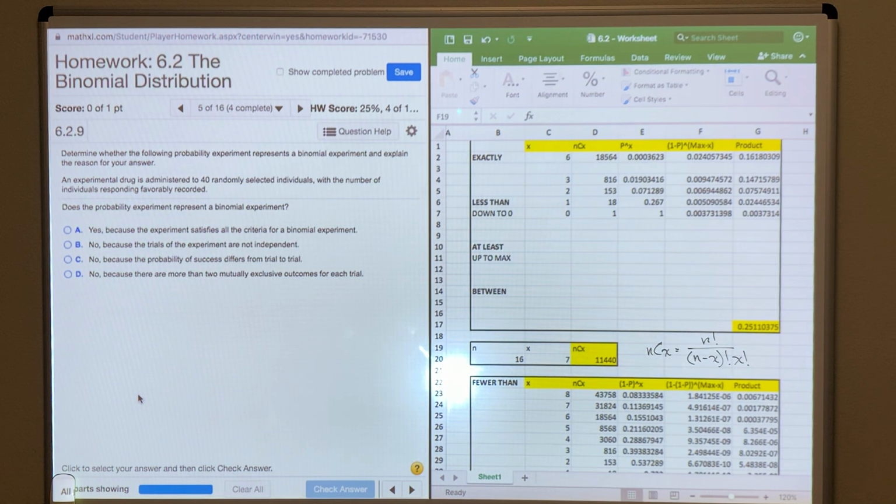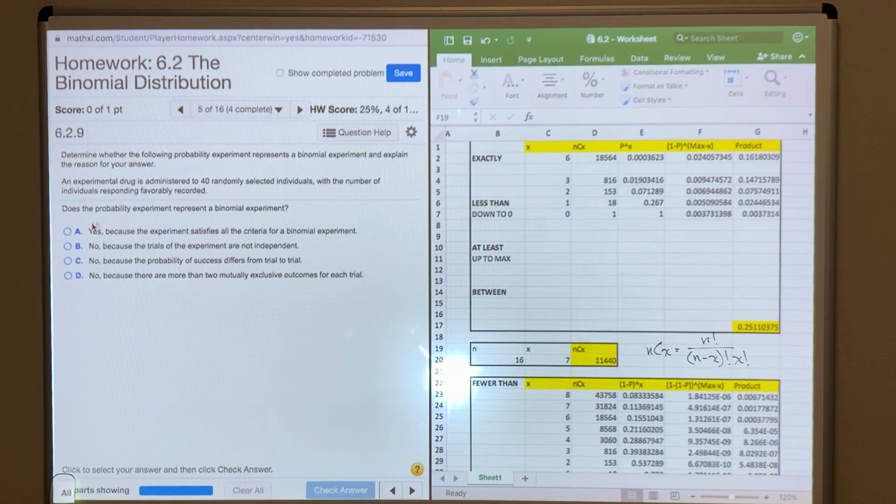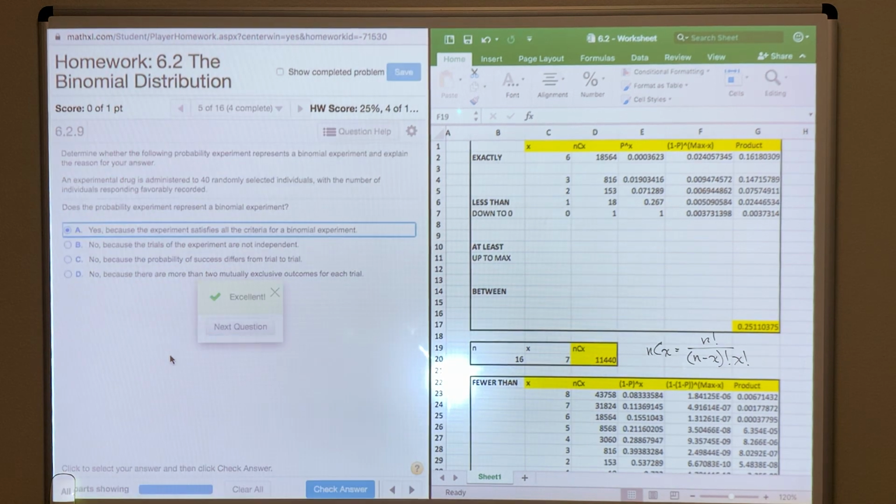The number of individuals responding favorably is recorded. I like that because the key word is favorably. That means it's like a yes or no, favor, unfavor. It has a duality. It meets all the criteria of the binomial. So I'm going to say that it is, and it seems to satisfy all the criteria, and that's correct, okay?